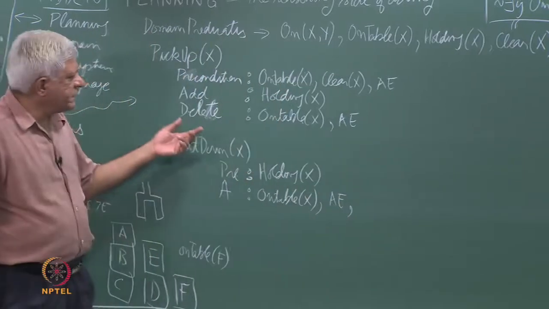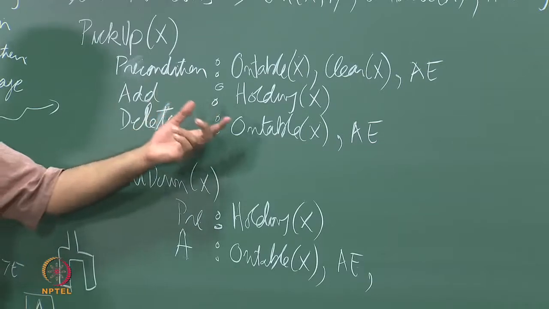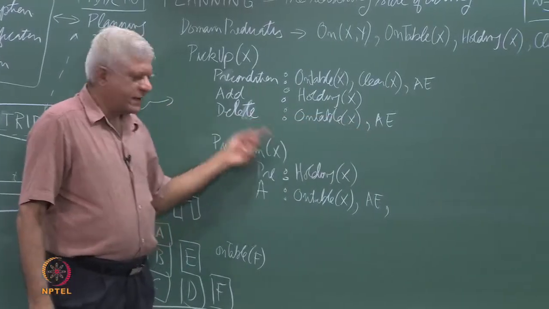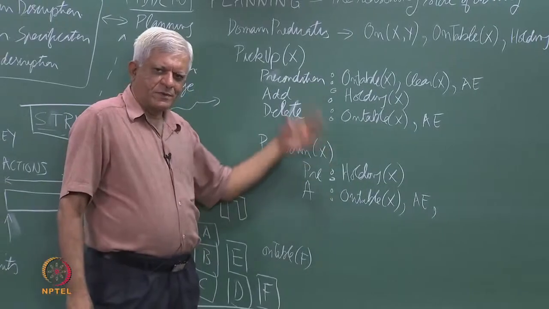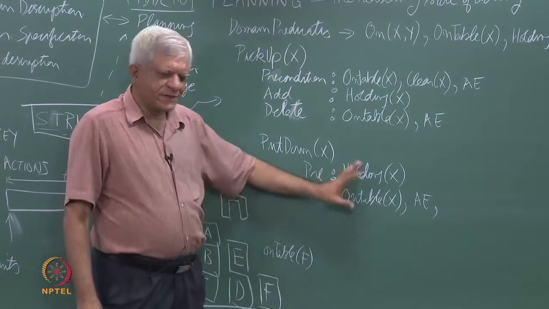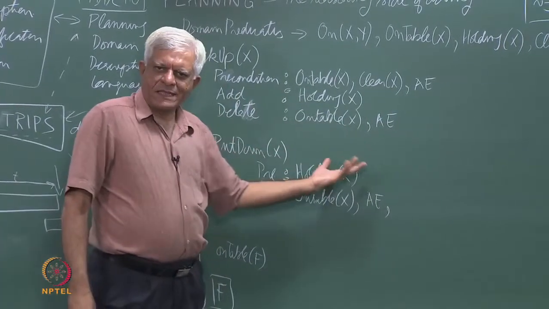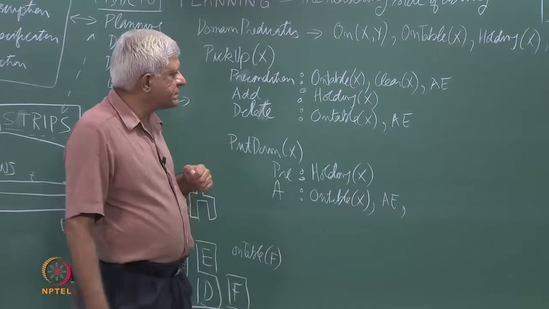Now, if I want to remove this clear X from here, then I should add it here. If I do not remove it, then I should not add it here. So, you just think about this, that either I must add it in both these places or I can leave it out of both these places.